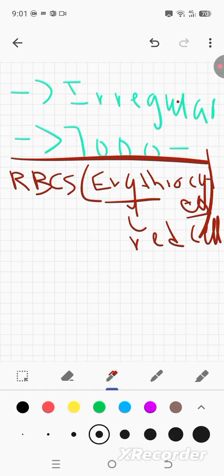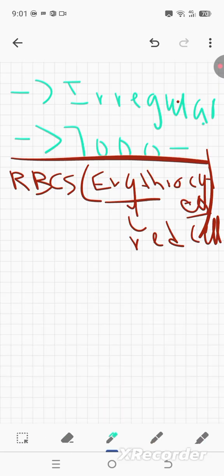Now let's write a few points about the red blood cell. Red blood cells are biconcave in shape. Previously we learned that white blood cells don't have any kind of shape as they are irregular, but RBCs or erythrocytes have a shape.